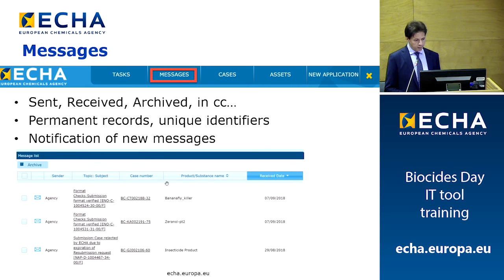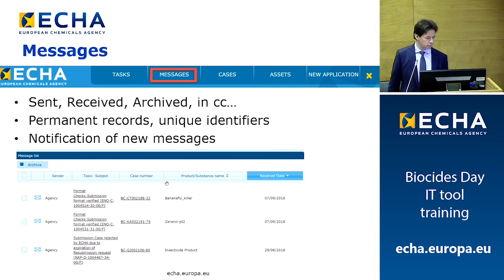The final tab we can go through is the messages one, which is the tab where you can find all communications that can be received from authorities, and it allows you to browse your information or divide it into sent, received, and archived messages.